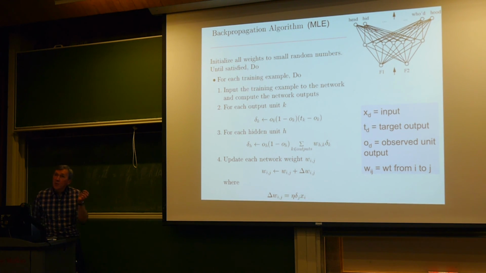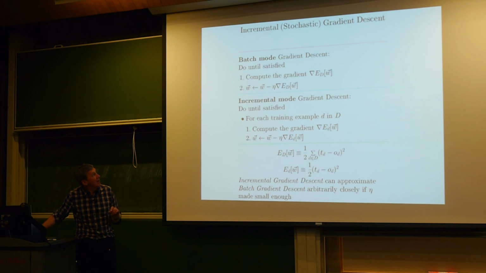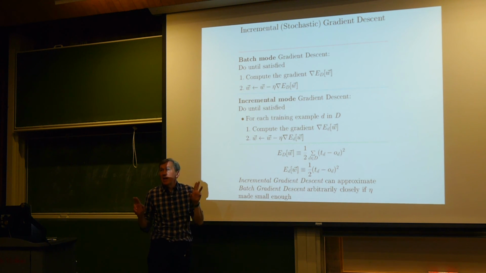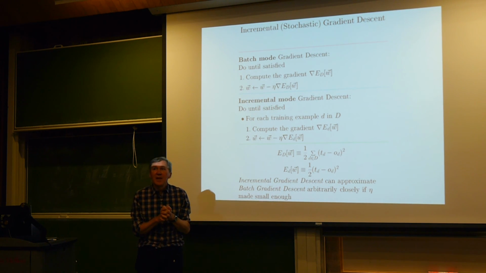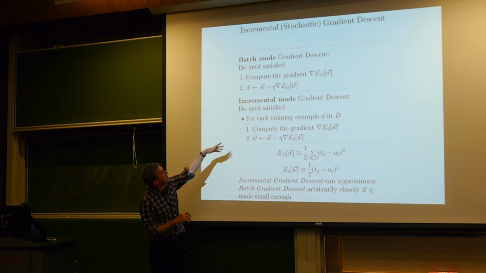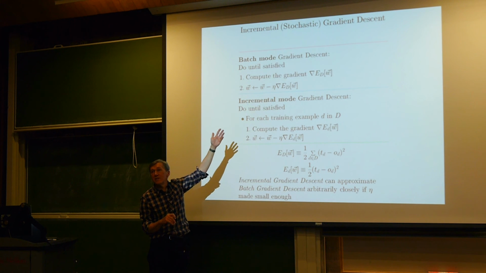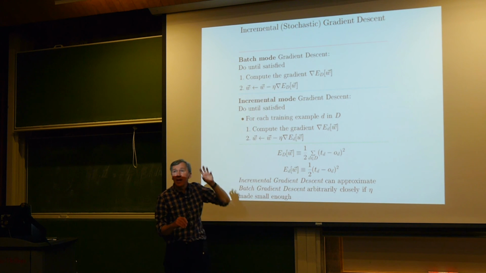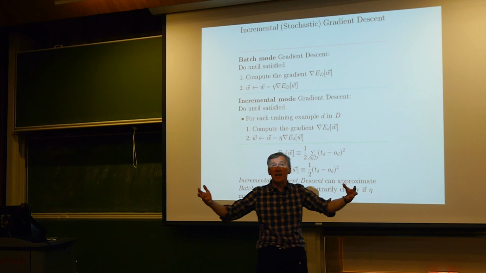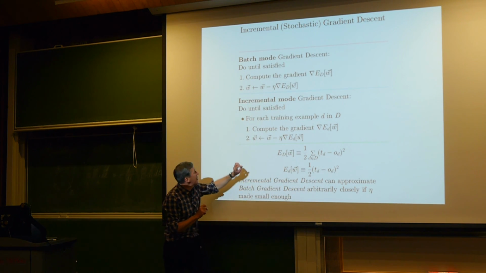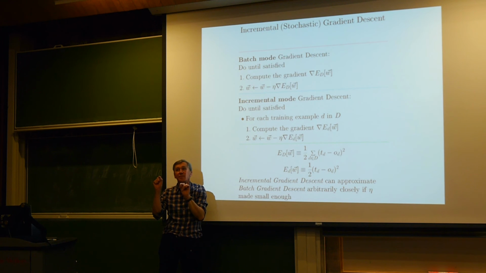Before, when we talked about gradient descent, we talked about the fact that you can do it in the batch way, which is what we just saw, and that if you're in a hurry, you can also use what people call incremental or stochastic gradient descent, where instead of calculating the gradient with respect to the entire data set and then doing an update, you can instead calculate the gradient with respect to just one data point and take a smaller update.